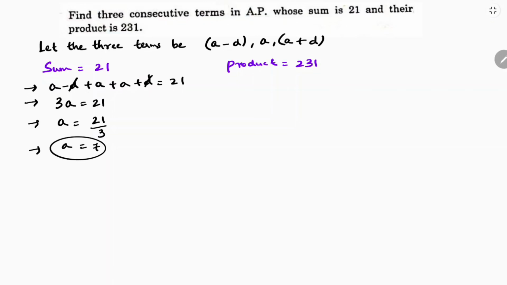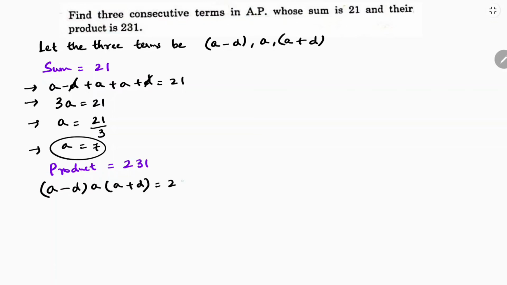Now they told us the product is 231. So if I multiply the three terms, a minus d into a into a plus d is 231.